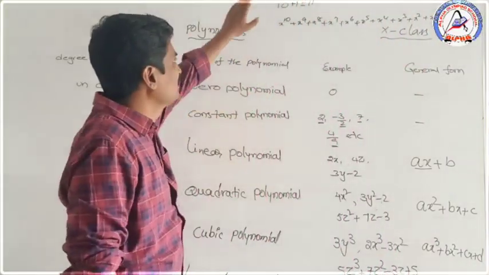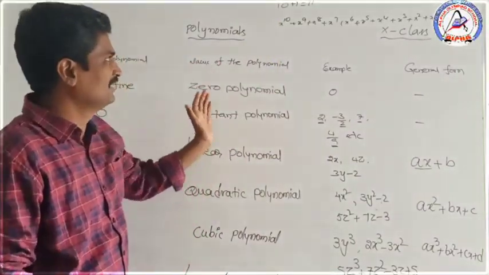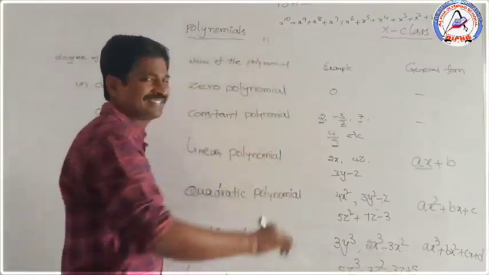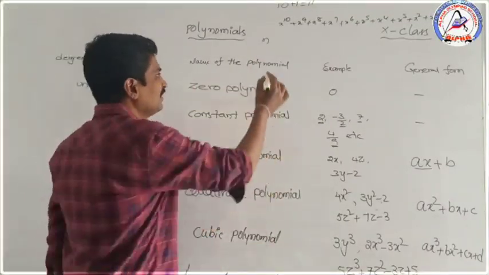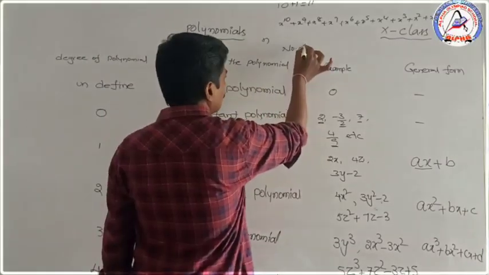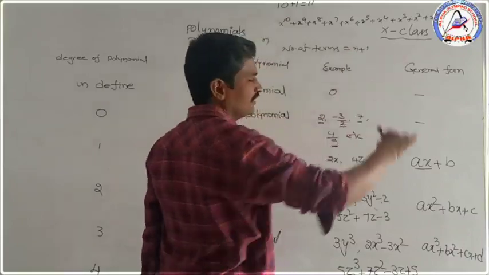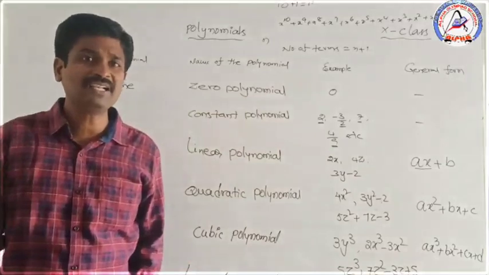So if a polynomial's degree is 10, the maximum number of terms is 11. If a polynomial's degree is n, then the maximum number of terms is n plus 1, that is, the degree of the polynomial plus 1.